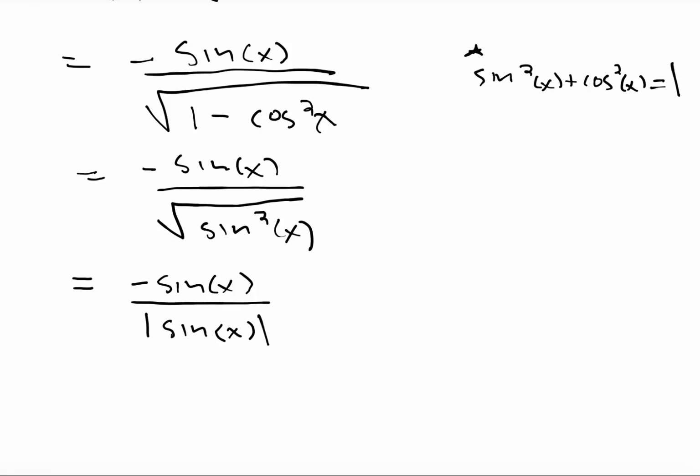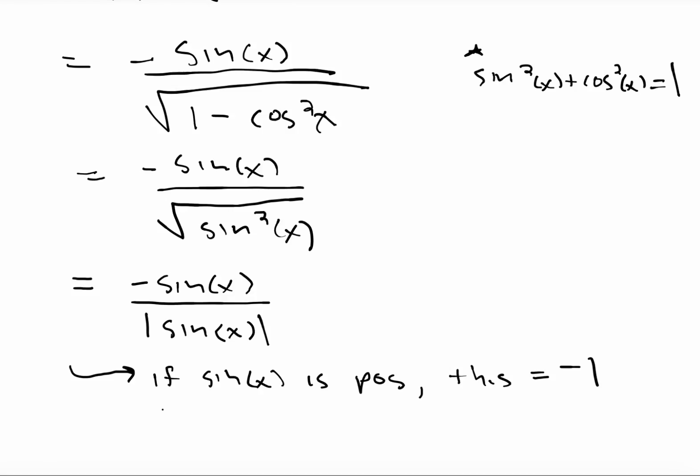So we've really got this guy over its absolute value, and I'll go ahead and note, depending on what sine of x started out as, if my sine of x is positive, we'll note this is going to equal, well, -1, because those would cancel otherwise.